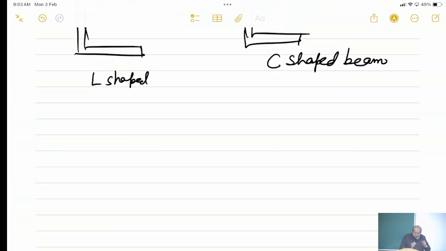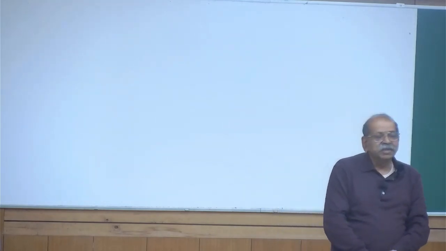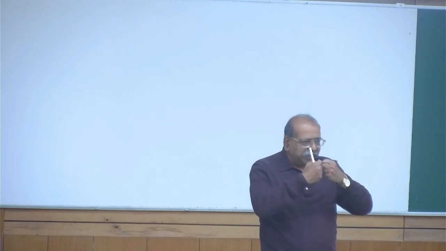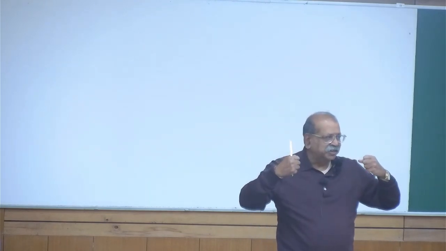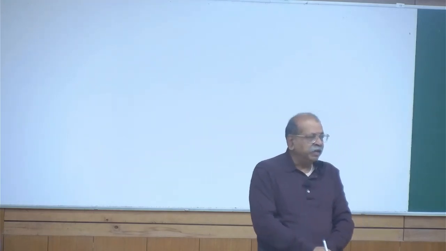Now, there's a small point. We have a beam being curved like this. What we have seen is that there is a Poisson's ratio, which means if we have an extension in the x direction, in the y and z direction there will be compression.